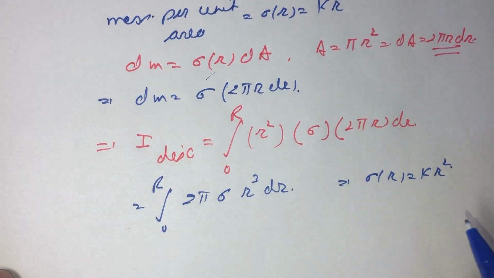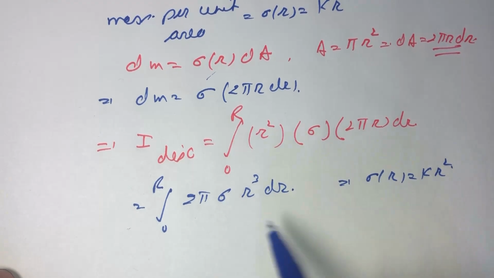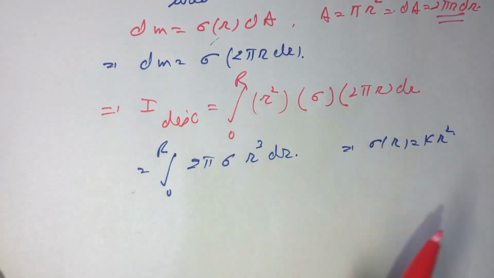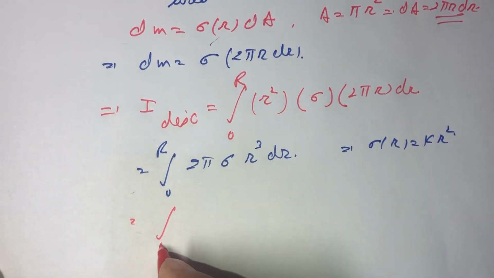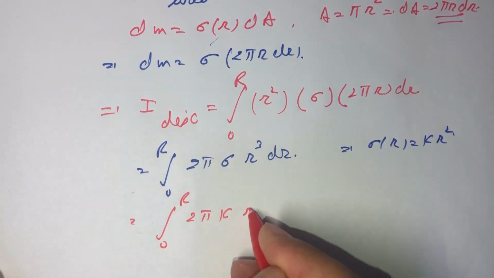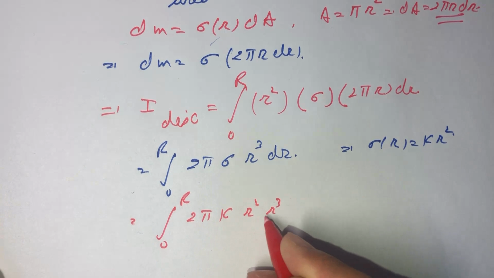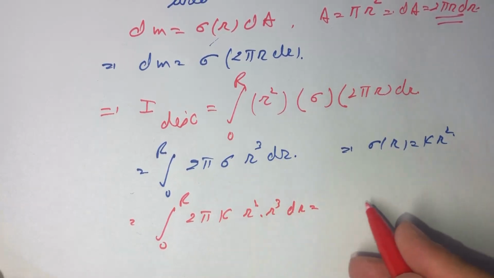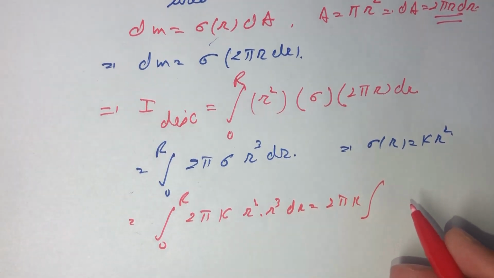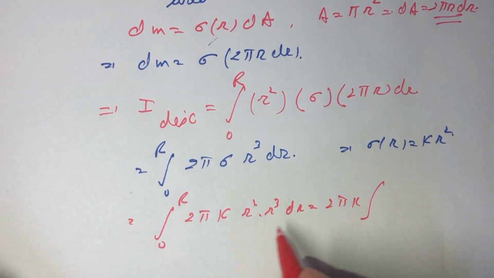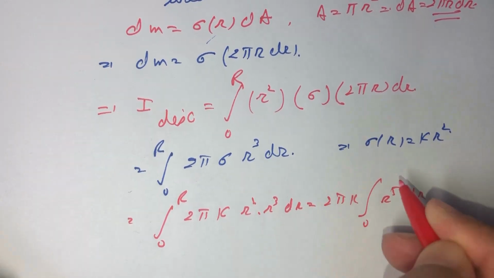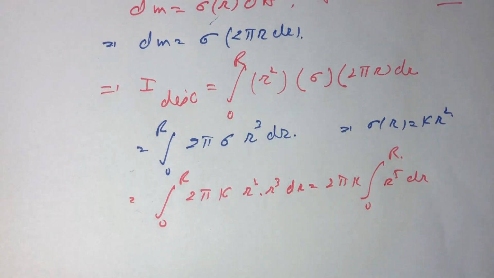So sigma is not basically a constant, it is depending upon r. So substituting here kr square, we get integral 0 to r of 2 pi k r square r cube dr. So this can be 2 pi k, we get r5 dr from 0 to r.